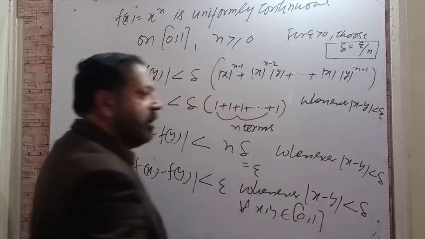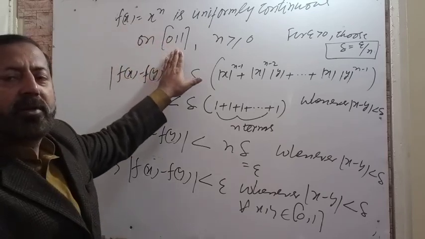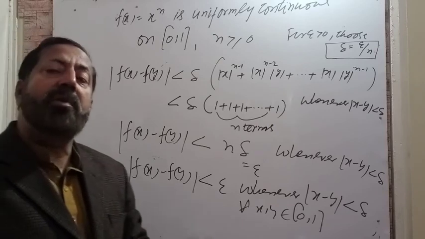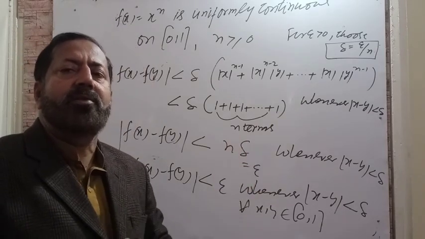Hence, this function is uniformly continuous. This means that this polynomial function is uniformly continuous on the closed interval [0, 1].